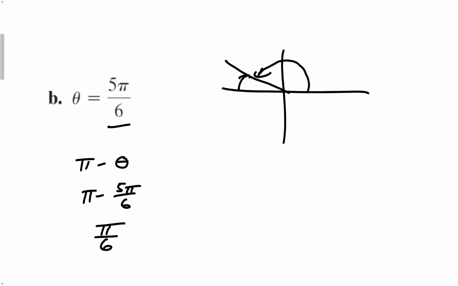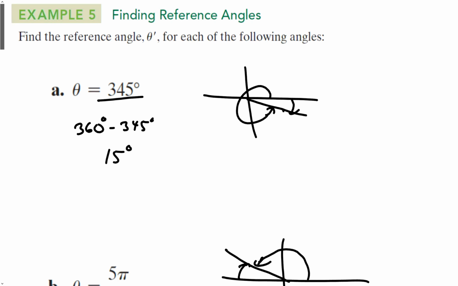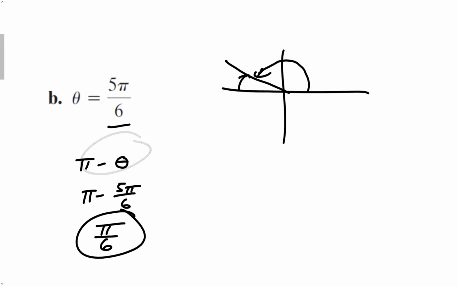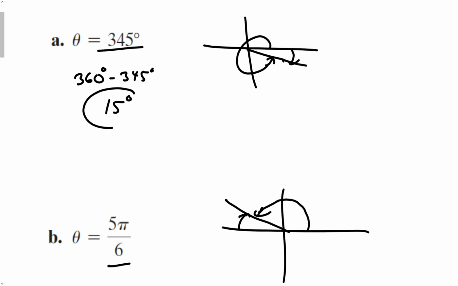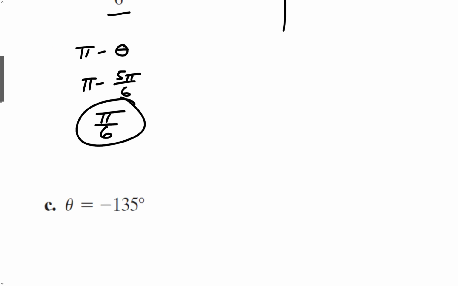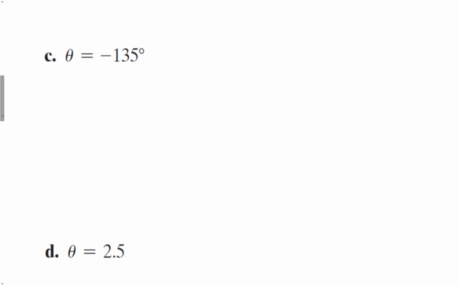But now we have a positive angle that's acute, that's in between 0 and 90 degrees. Let's try this one with negative. Negative 135 degrees.